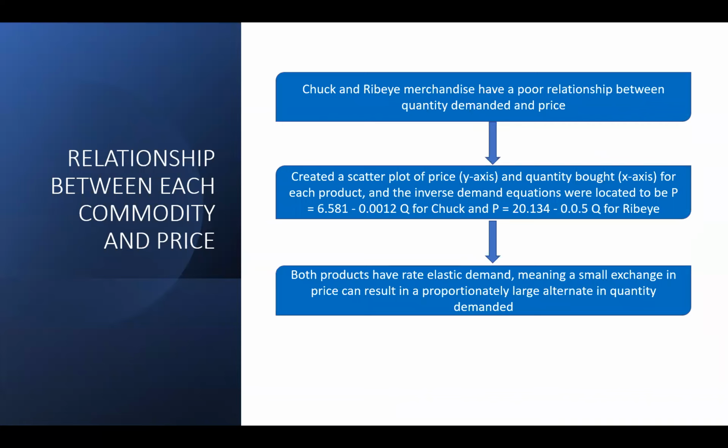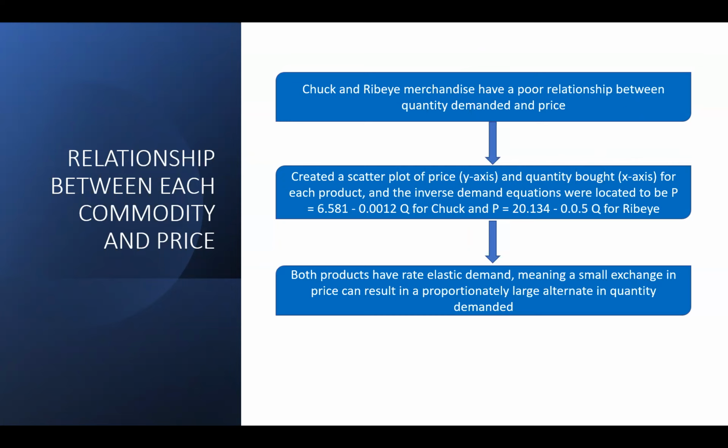In this slide, we are showing the relation between quantity and price of the two products. We are using a scatter plot to show the price and quantity for both products, where in the scatter plot we are taking price as the y-axis and quantity as the x-axis.